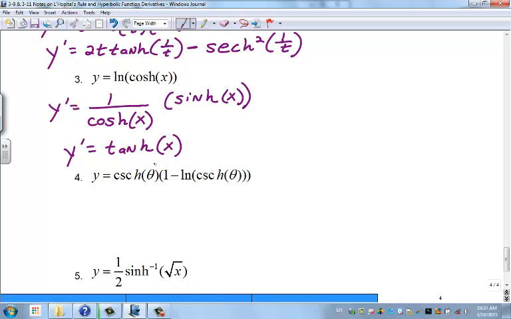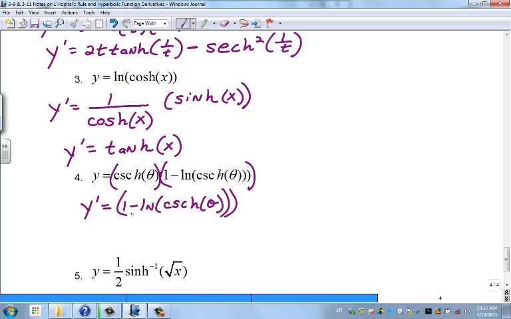We have a product here. So this is the first, and this is the second function. So we say y prime is equal to the second function, 1 minus the natural log of cosecant of theta, times the derivative of the first function.